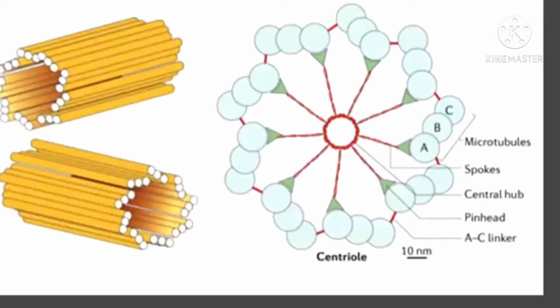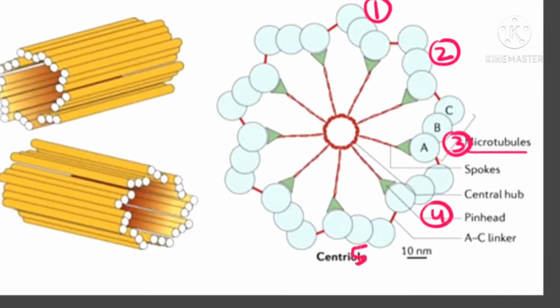Carefully, this is the way how microtubule ABC triplets are made. If you see carefully, there are a total of 9 triplets. Let us count: number 1, 2, 3, 4, 5, 6, 7, 8 and 9.